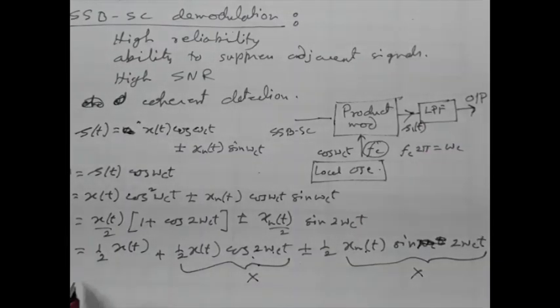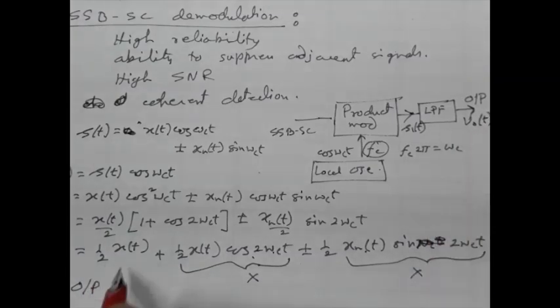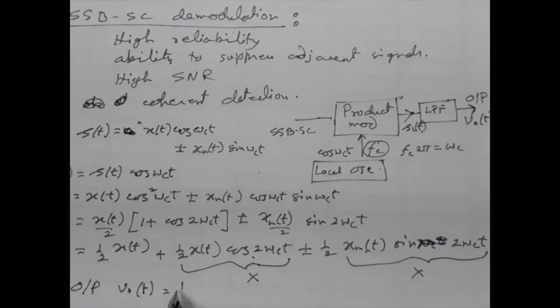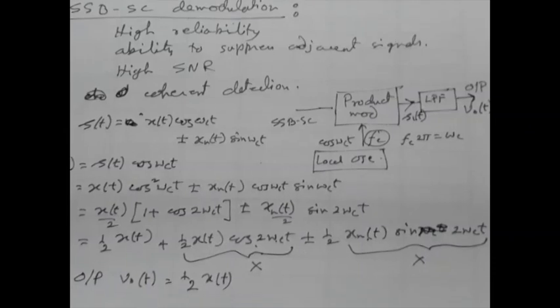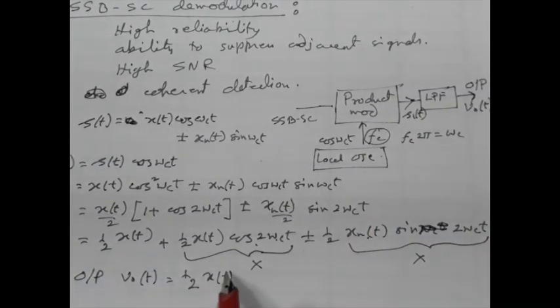So output voltage V0(t) is equal to half of x(t). That means the output of this system is proportional to x(t), so we can recover the original message signal.